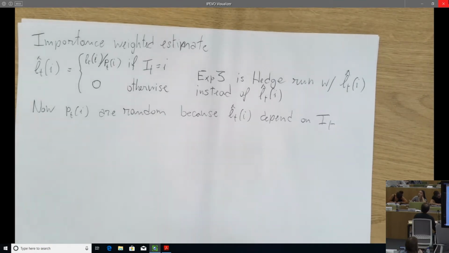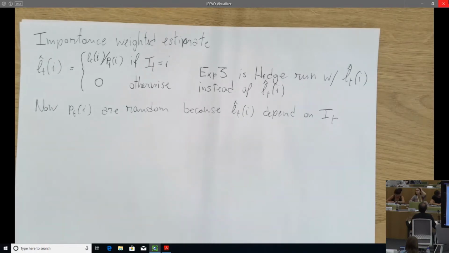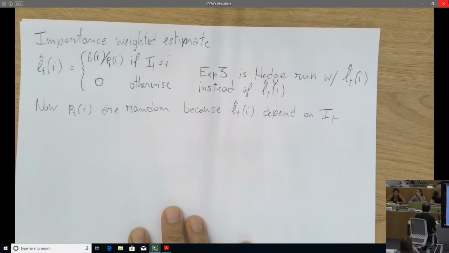Probabilities depend on losses, and losses depend on our own random actions, according to this estimator here. So it's not true anymore that my probabilities follow a deterministic trajectory in the simplex, but they will follow a randomized trajectory, depending on my own randomization, all right? So let's see properties of these things.